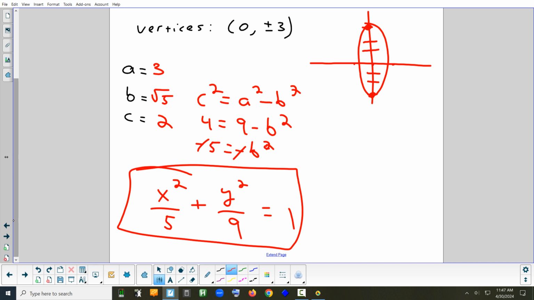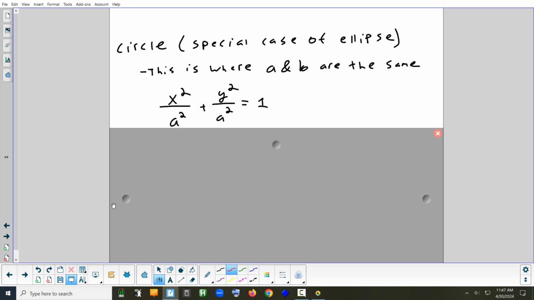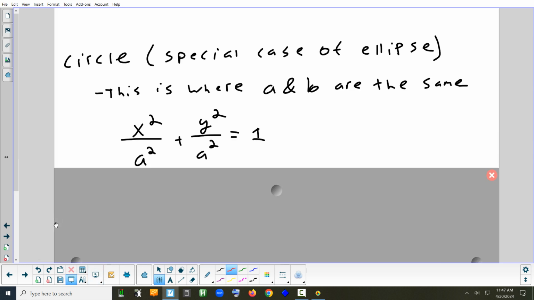Any question on that? All right, so the last thing before we shift it is looking at a circle. A circle is really just when you have the same number for A and B. So when the first denominator and the second denominator are the same. So since they're the same, we don't have to use 2 different letters.